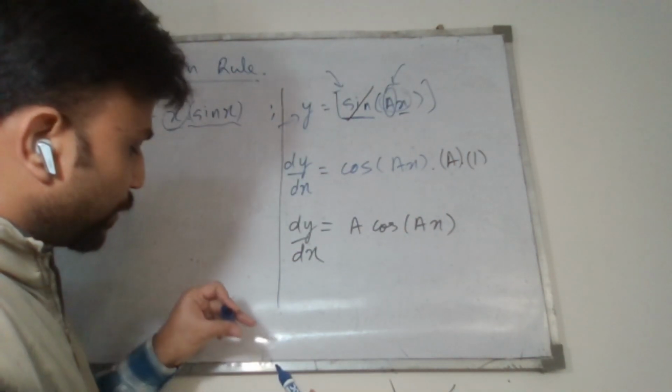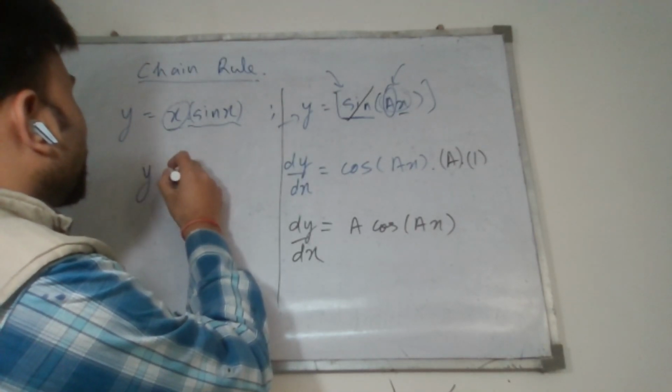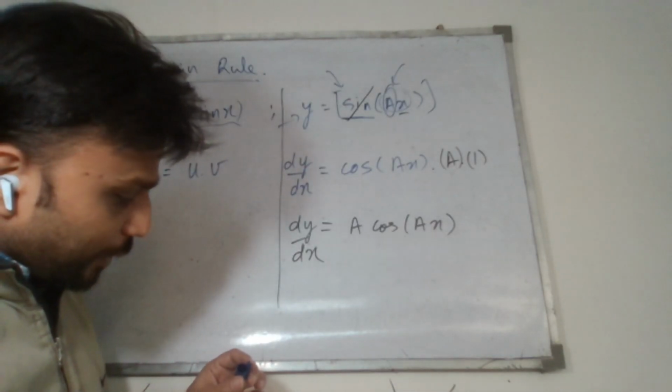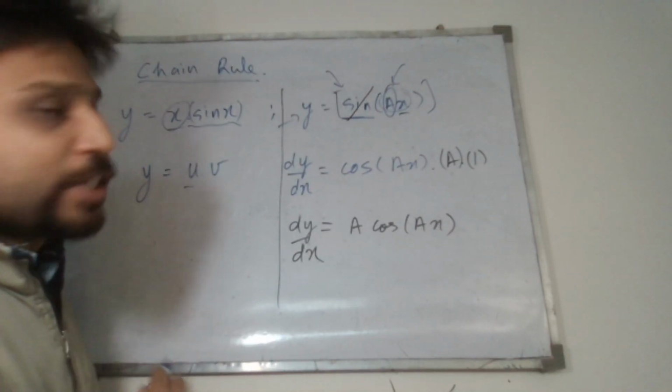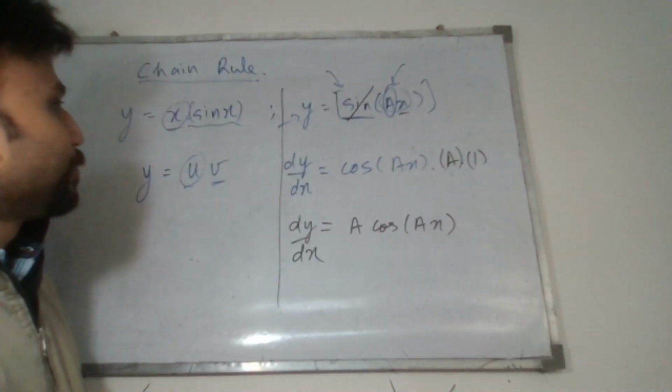Multiplication rule is pretty simple to understand. What we do is that if I have two terms u into v, something like that, I have to differentiate them. So what we do is that we first differentiate u, keeping v as is.